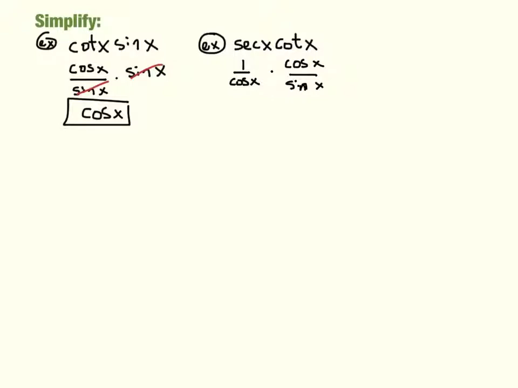So here the cosines cancel each other. I'm left with 1 over sine of x. And what's 1 over sine x? Cosecant of x.